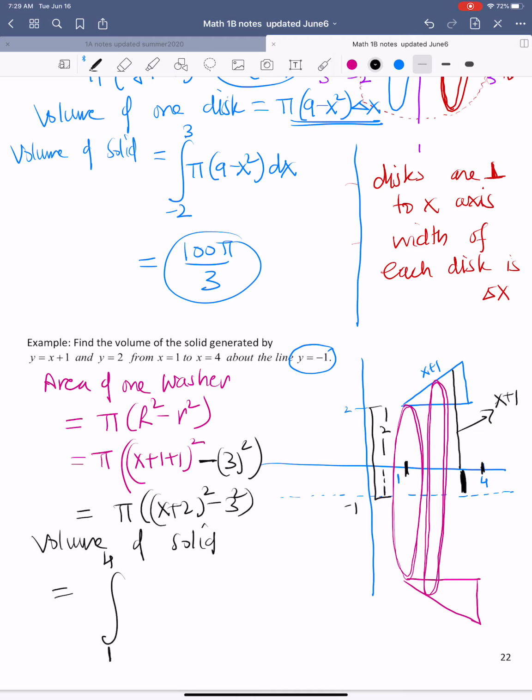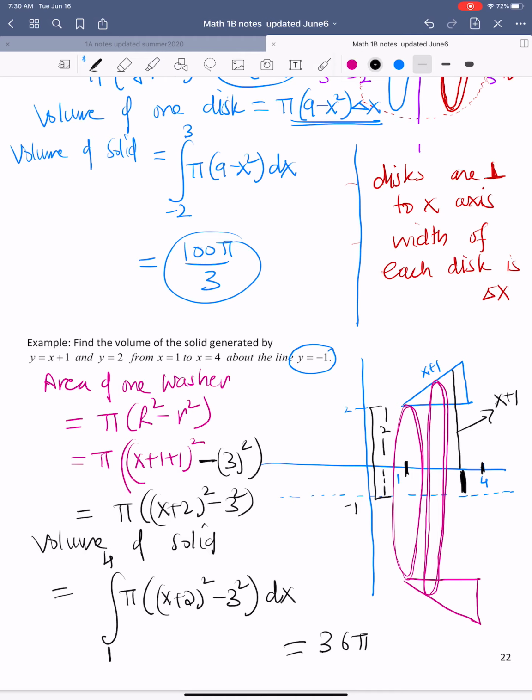So from 1 to 4, pi times outer radius squared minus inner radius squared, x plus 2 squared minus 3 squared, and the delta x width will become operator dx. Go ahead and evaluate that integral and check with me. I got 36 pi. That's the volume of this solid.